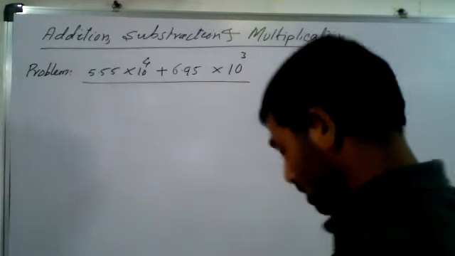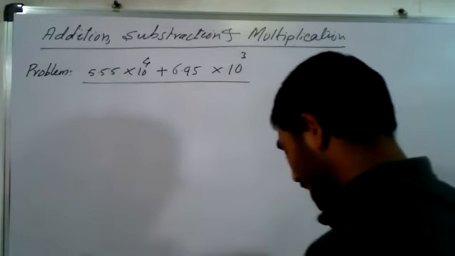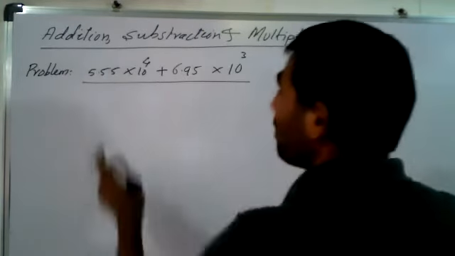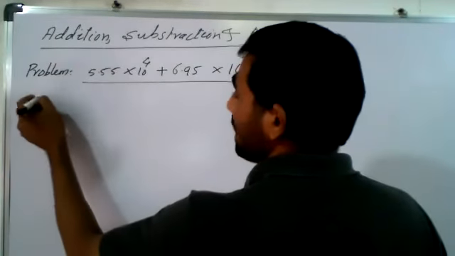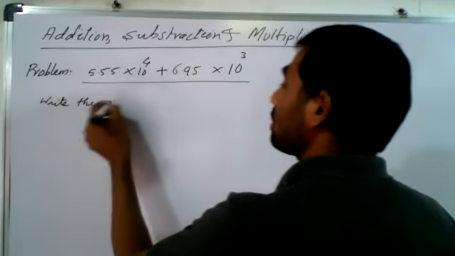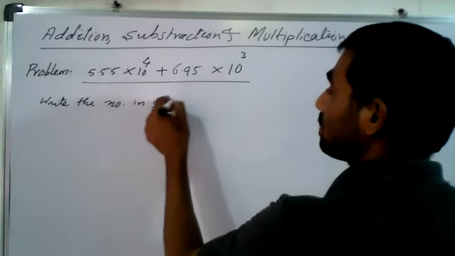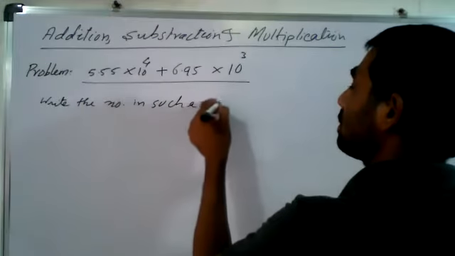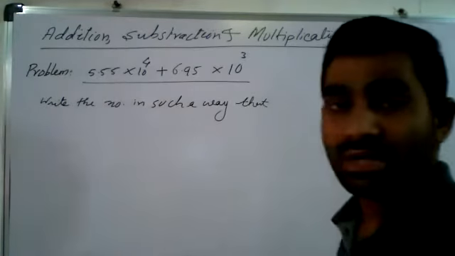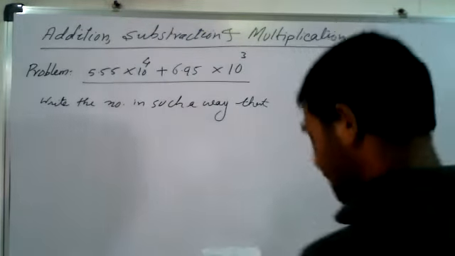Now, see what the rule says. I will write this. The rule says: write the numbers in such a way that they have the same exponent.